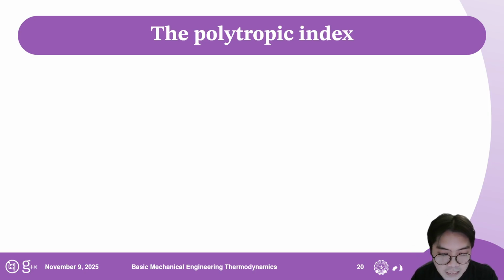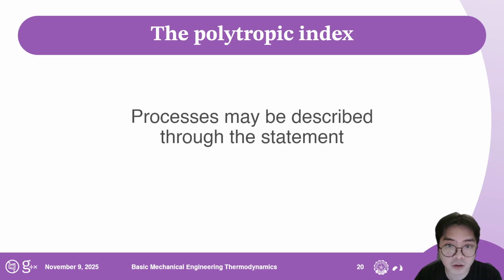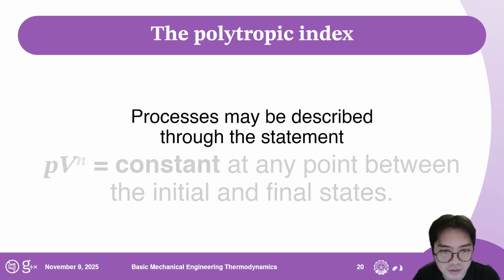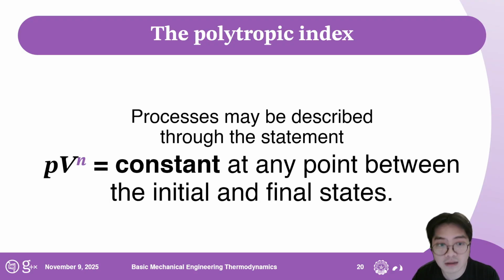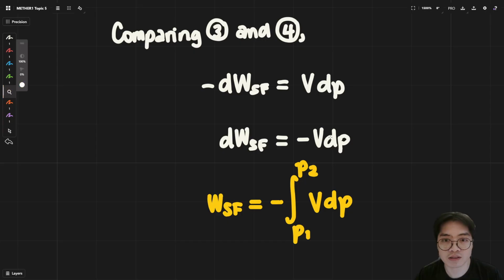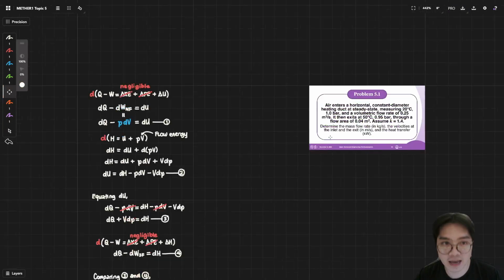But the most useful, or perhaps the most efficient way to look at a system, or rather a process, is through the polytropic index. The polytropic index basically states that any process, so long as it's polytropic, may be described through the statement PV^n is constant. So we'll be dealing with this part next.